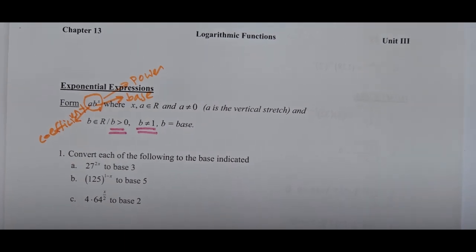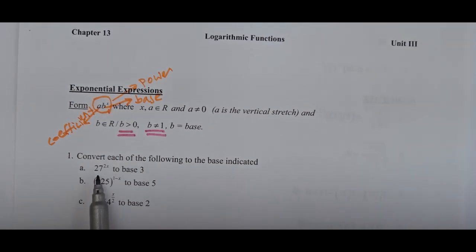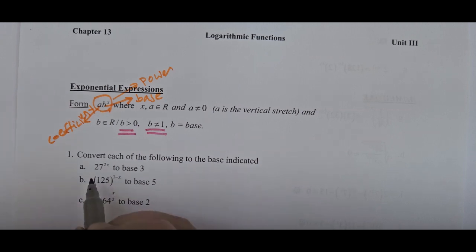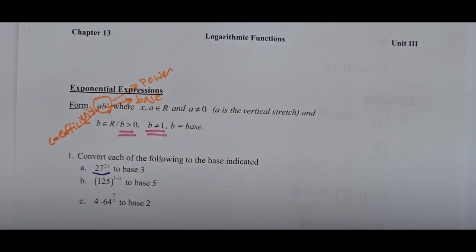As you can see, you are given 27 to the power 2x, and the question is asking you to convert each of the following to the base indicated. First of all, this is your original given function. 27 is the base, and the power is 2x.